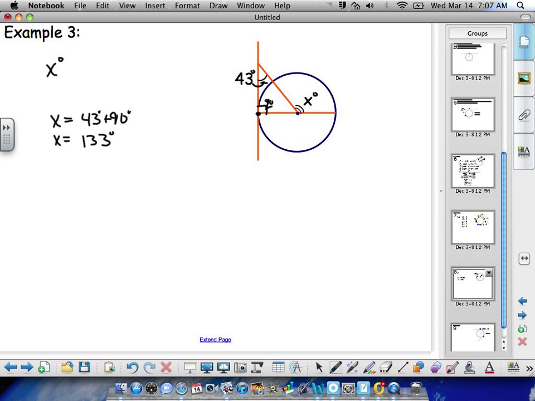If this is 90 and this is 43, then this must be 47. A straight line is 180 degrees, so if this is 47, x must be supplementary to that. So x plus 47 equals 180. Subtract 47 from both sides, and x is equal to 133 degrees.